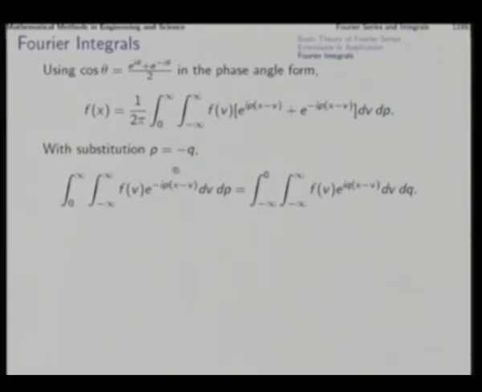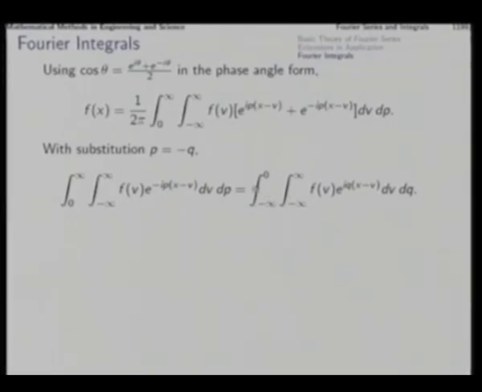To see that, what we do is that we can substitute p equal to minus q. So, that means that for this integral, if we try to separately evaluate this component, then in place of minus p we will have q here, in place of dp we will have minus dq, and therefore, the limit of this integral over p, which was from 0 to infinity, will become, first of all, 0 to minus infinity, and then because of the sign change we will have the limit reversed.